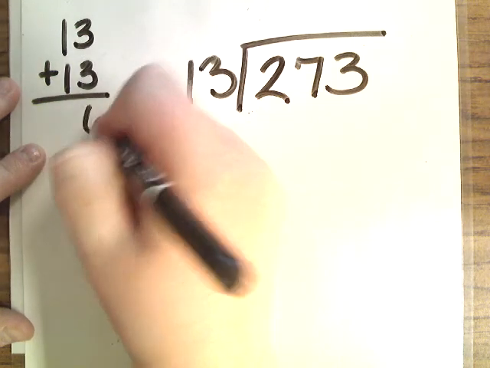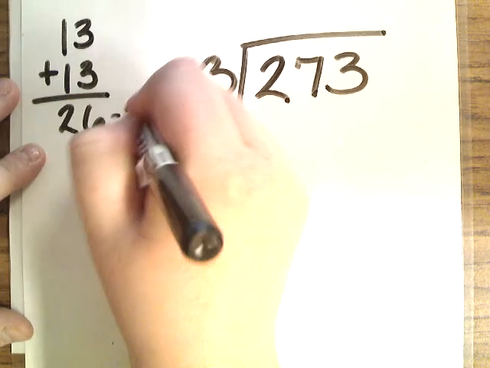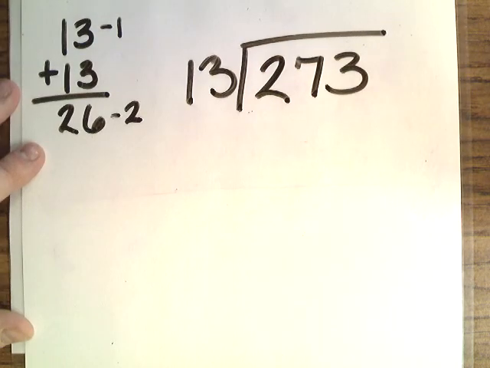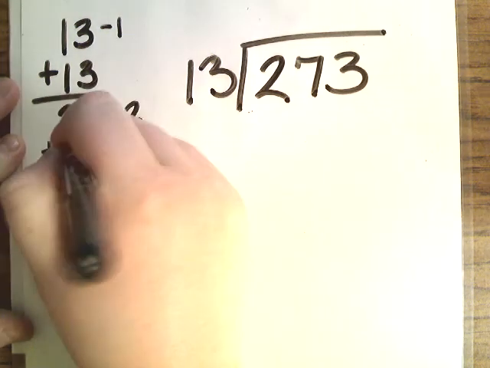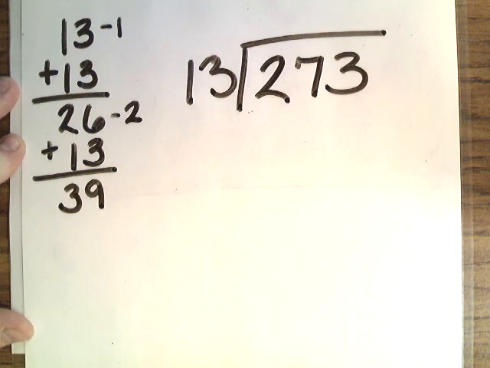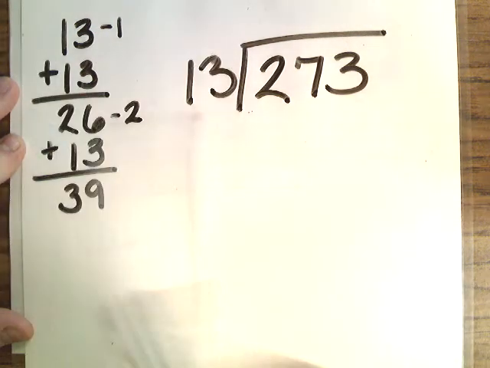3 plus 3 is 6, 1 plus 1 is 2. So that tells me that 13 times 2 is 26. 13 times 1 is just 13. We're going to add 13 to that, and we get 9, 39. So that tells me that 13 times 1, 2, 3 is 39.